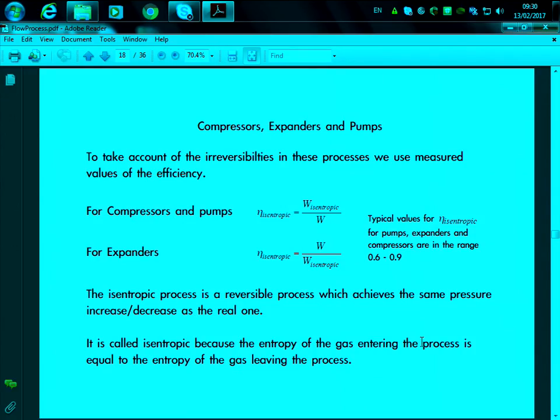It's very easy to produce a certain amount of work with heat, but doing the opposite, the same work won't produce the same amount of heat. So that will be an irreversible process, because you'll end up with different conditions.